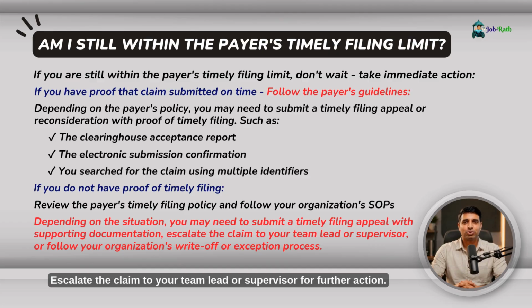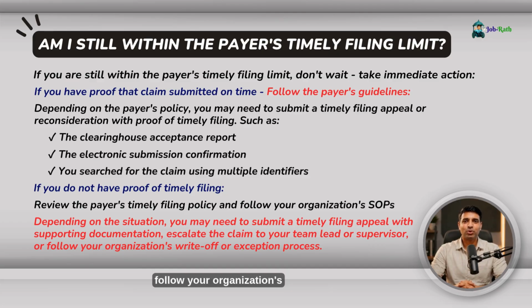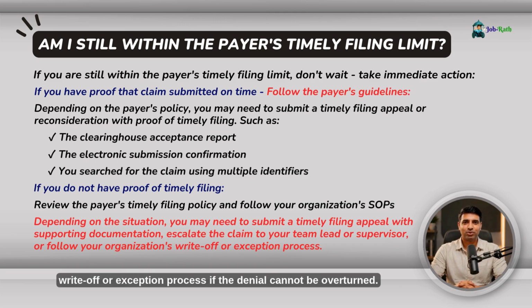Escalate the claim to your team lead or supervisor for further review. Follow your organization's write-off or exception process if the denial cannot be overturned. Never assume that every payer follows the same rules. Always review the payer's policy before deciding your next step.